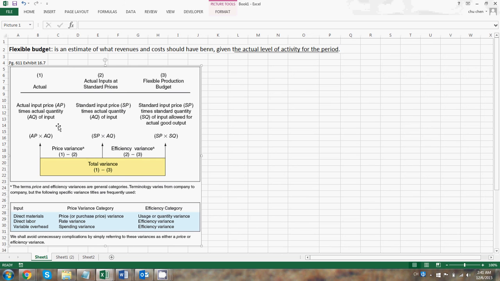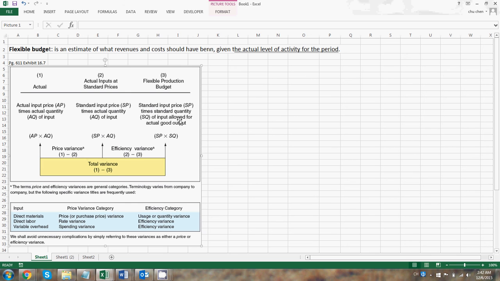First part on the left hand side is the actual part. We have actual input price times the actual quantity of input. On the right hand side we have standard input price times standard quantity of input allowed for actual good output. Pay attention to this one.